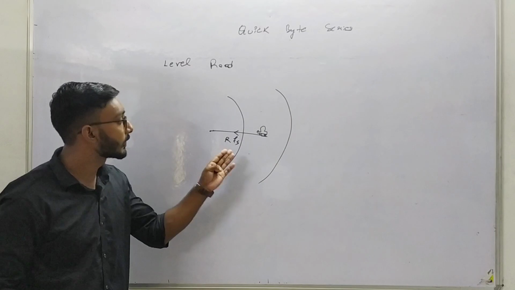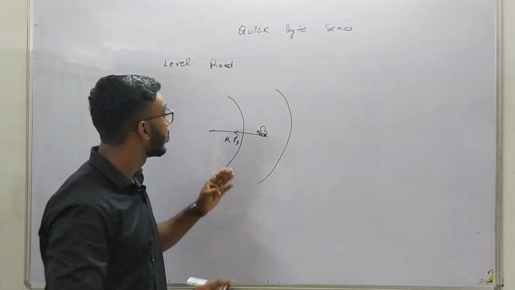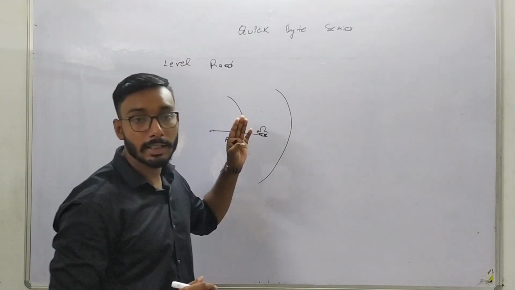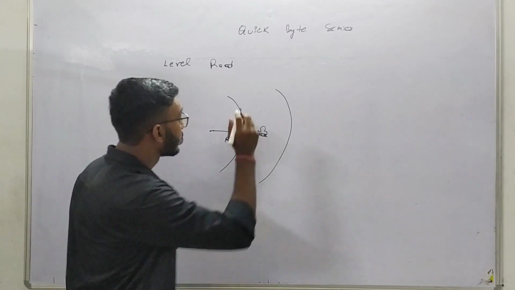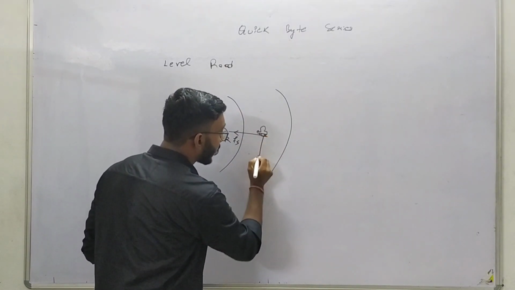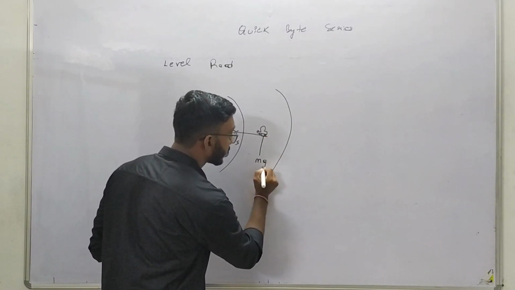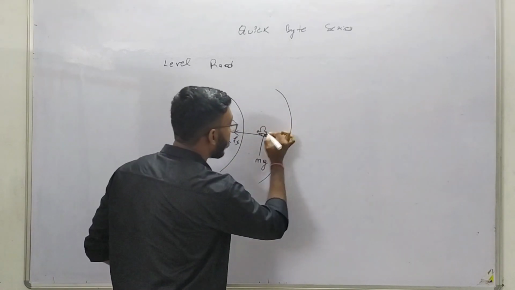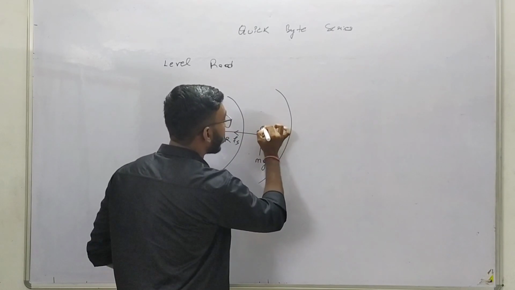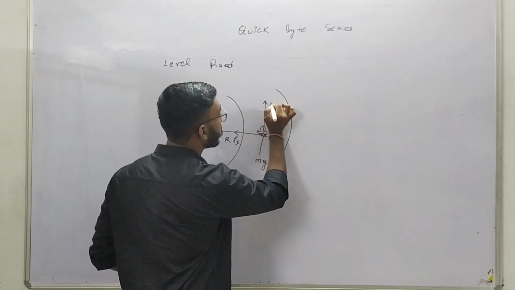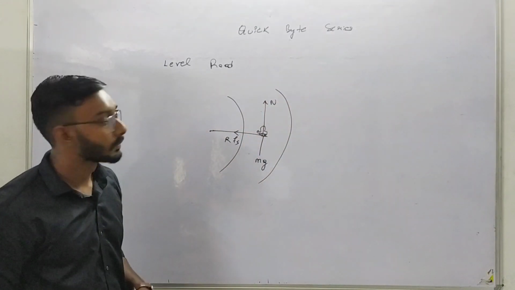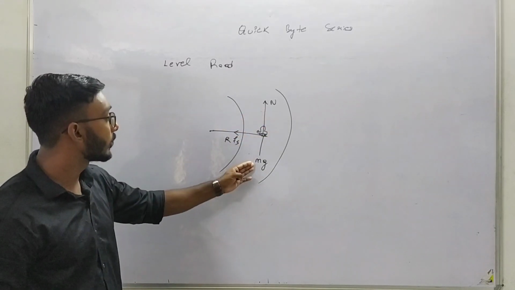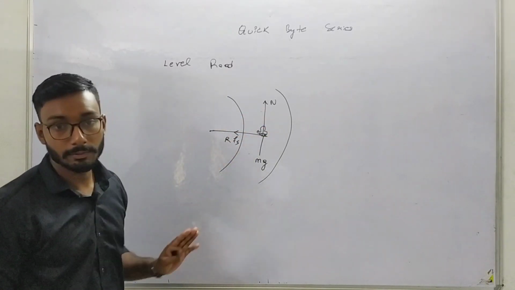Now let us see the forces acting. The weight of the car, mg, acts towards the direction of gravitation, and the normal acts perpendicular to the plane.